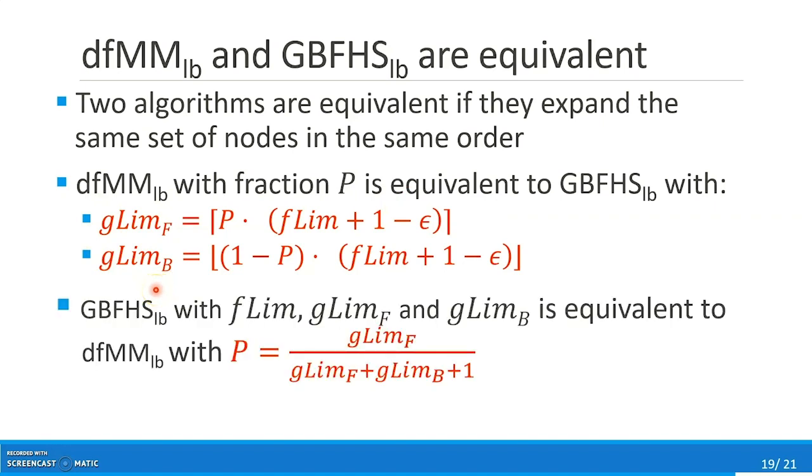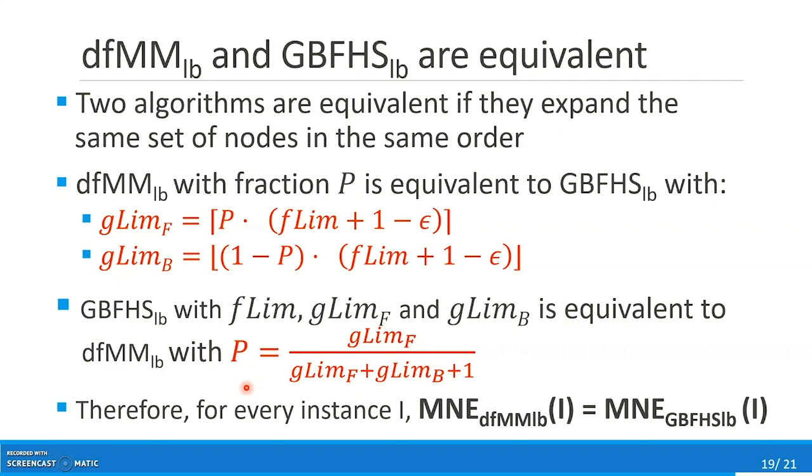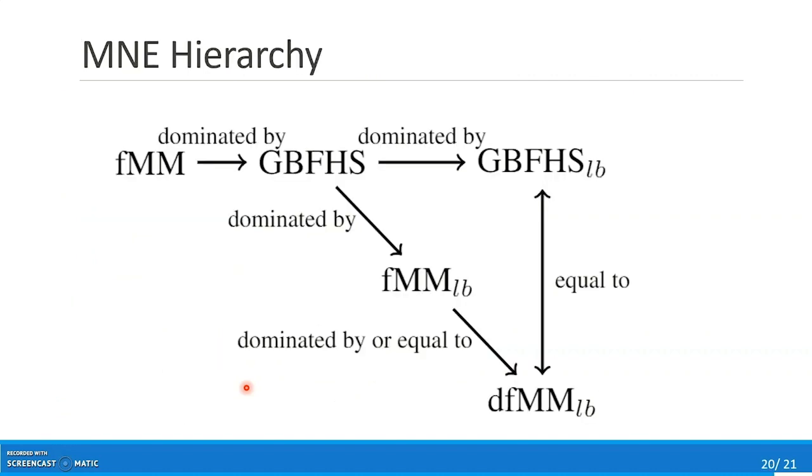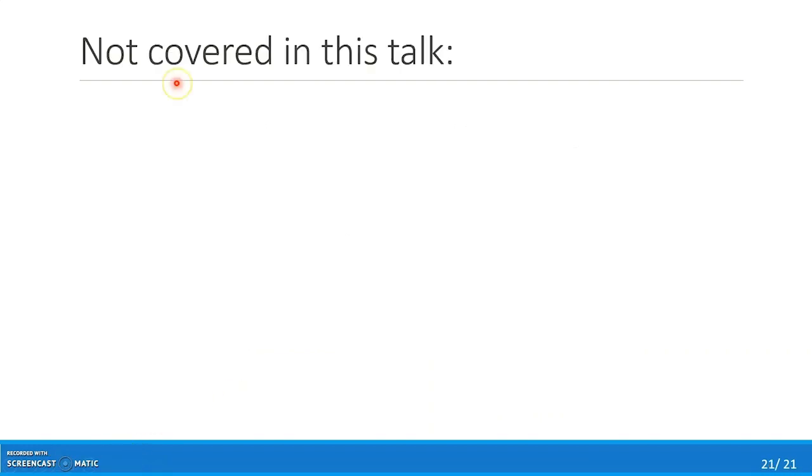And on the other end, given GBFHS-LB with F-lim, G-lim forward, and G-lim backward, an equivalent DFMM-LB will have the following fraction. This means that for every problem instance I, the M and E values of both algorithms will be the same. And you can find the full MNE hierarchy of the different algorithms in the paper.